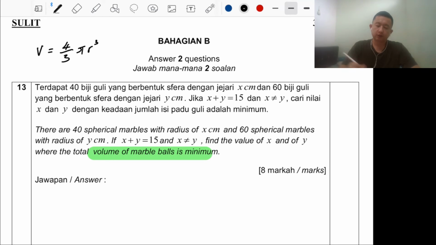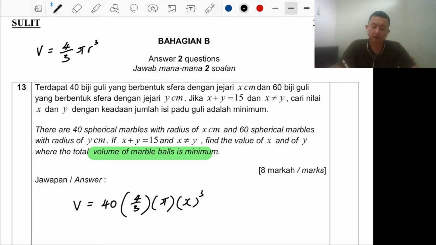Okay, so we have V equals 40 times 4 over 3 pi r, r is x, cubed, plus 60 times 4 over 3 pi y cubed.